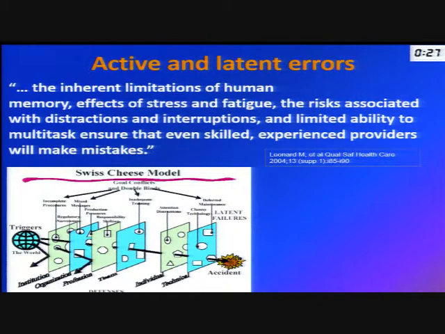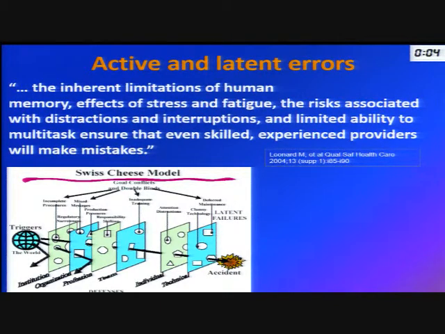And also, we as human beings have a problem with multitasking. I read that somebody says that a human being can just walk and chew gum. That's the maximum multitasking that a human being can do. But even so, all these human limitations make sure that providers make mistakes.